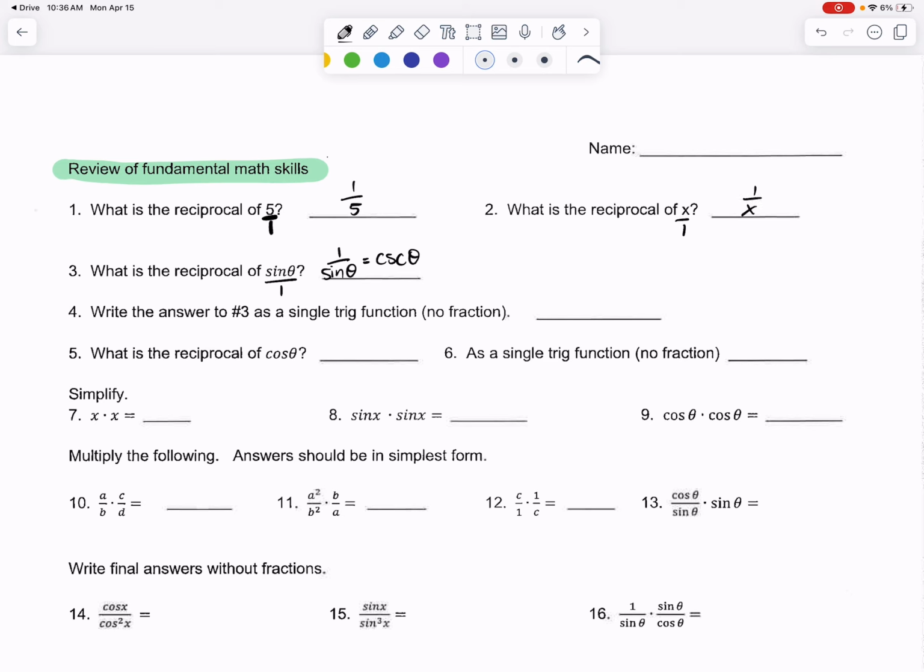So notice we treat sine theta just like the variable x. A single trig function to represent 1 over sine would be cosecant. The reciprocal of cosine would be 1 over cosine, and as a single trig function, that is our reciprocal identity, secant.